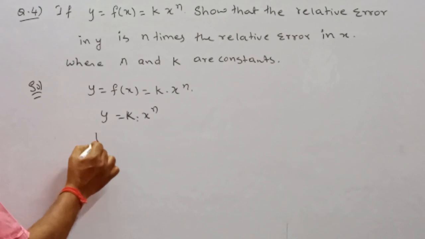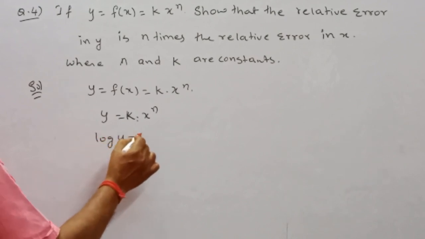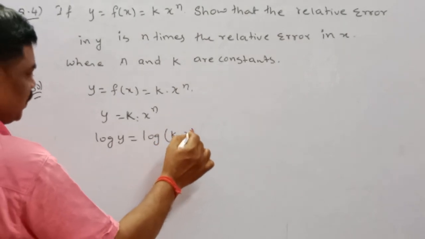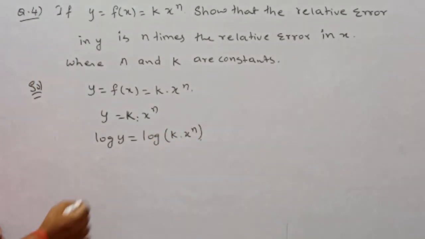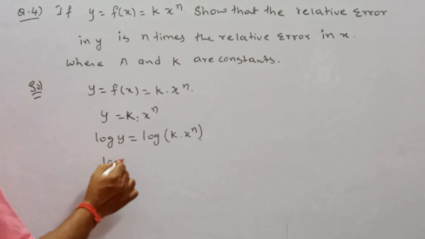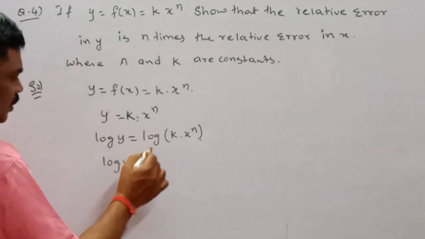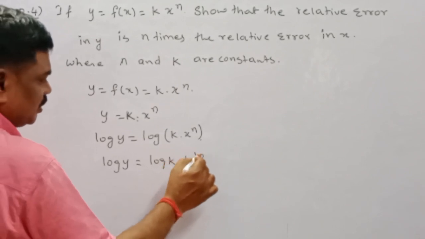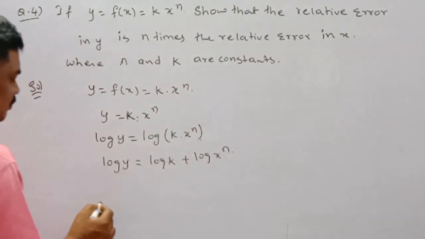Take log on both sides. Log y is equal to log k x power n. So log y is equal to log k plus log x power n.